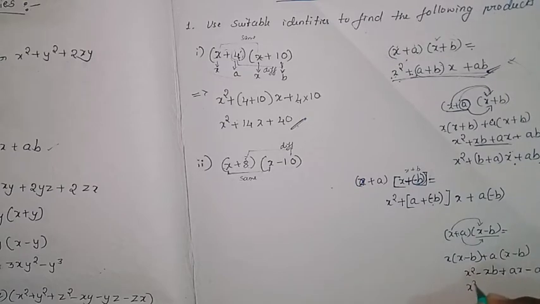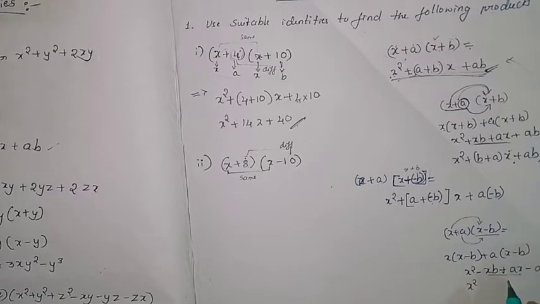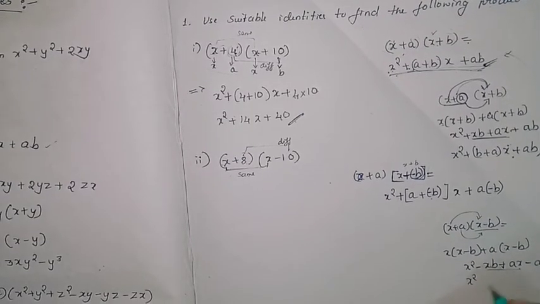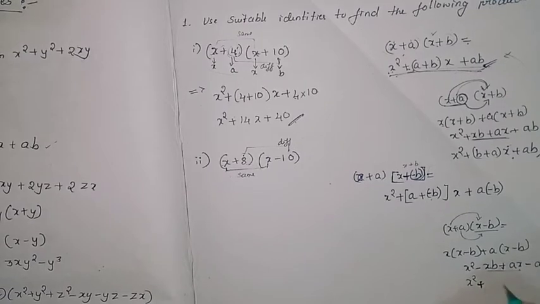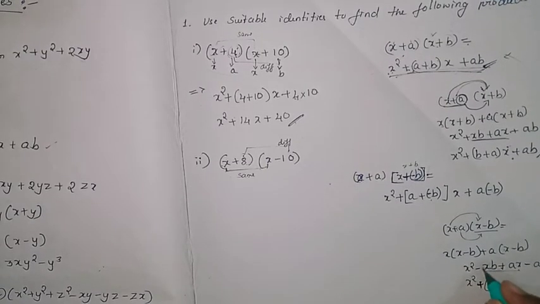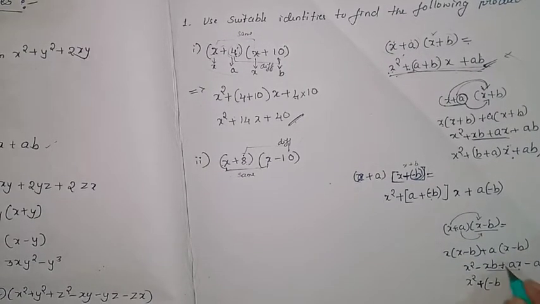Now the formula is x square. Here you can observe x is a common term and the term sign you have to be careful with. So you are taking the common term, that is x. I will keep positive, and the remaining, as you took x common, means minus b plus of a into the bracket, as x is common, minus of ab.